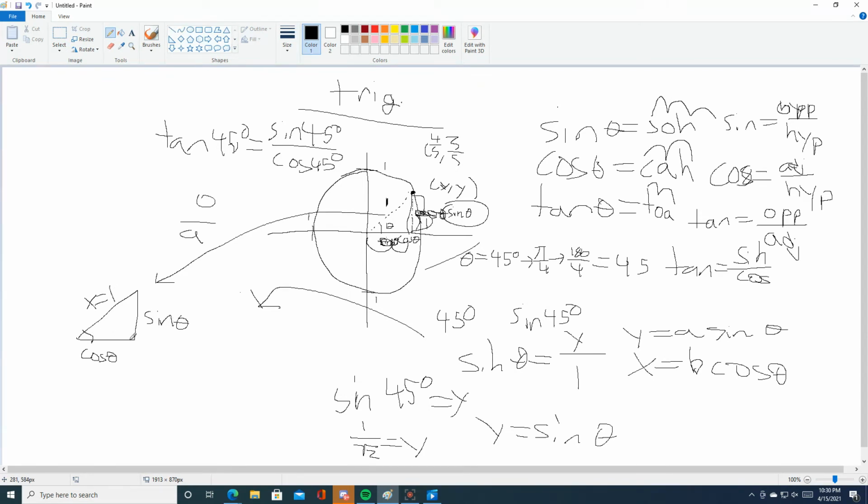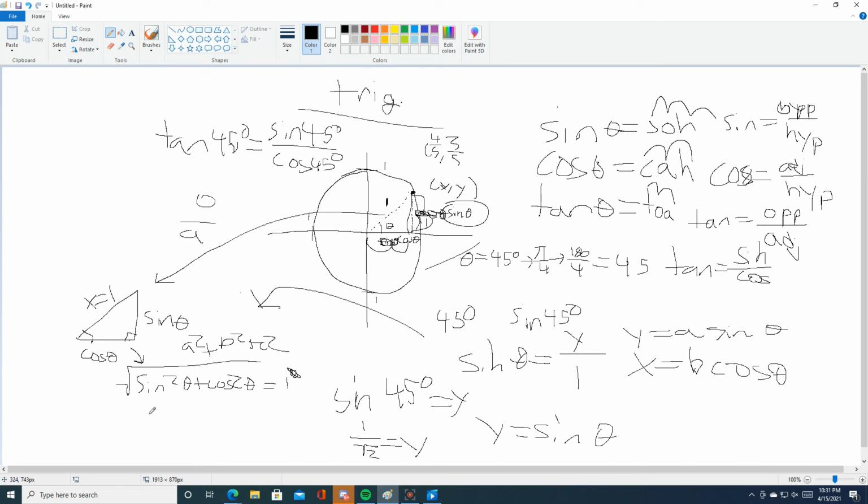And since we know that this is a right triangle, since they're meeting at the x-axis and going to the circle, you can kind of see by the picture, we know that by properties of right triangles, sine squared theta plus cosine squared theta is equal to, or the square root of that is equal to, 1 squared, or is equal to 1, because a squared plus b squared equals c squared.